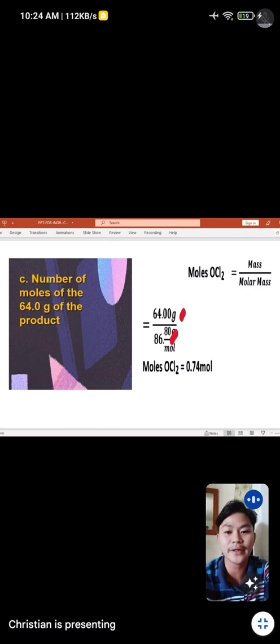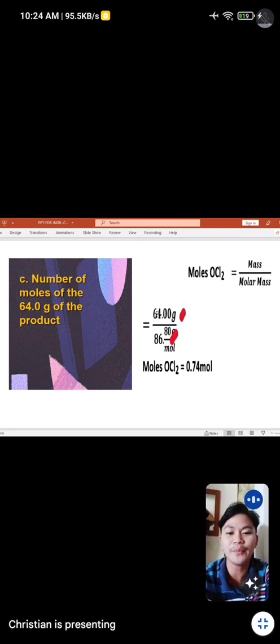Next is the number of moles of 64.00 grams of the product. So moles of OCl2 equals mass over the molar mass.